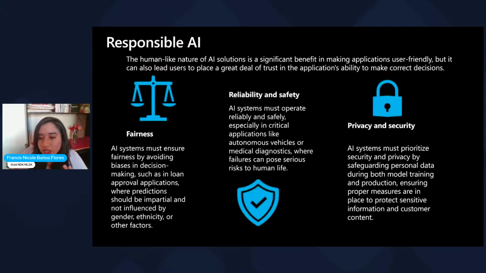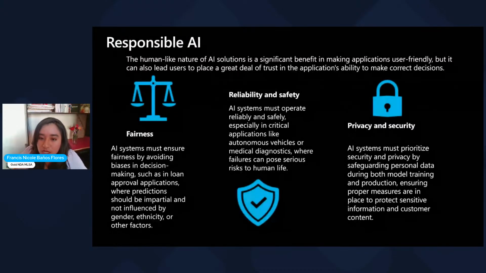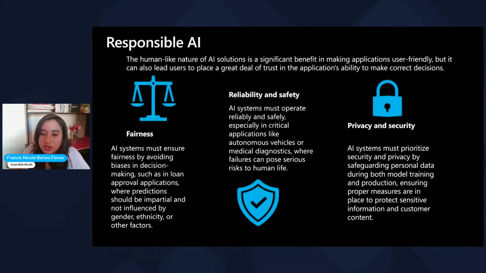And talking about safety and reliability, we know that especially in critical applications like, I don't know, autonomous vehicles or medical diagnostics, where this is more important, we can have some risk to human life. So we have to be very careful about safety.